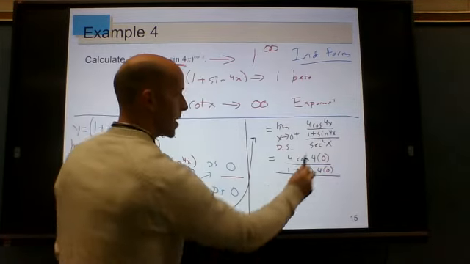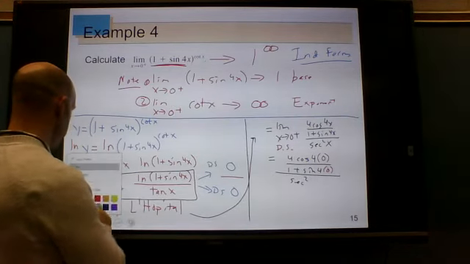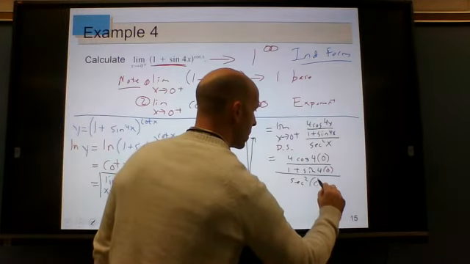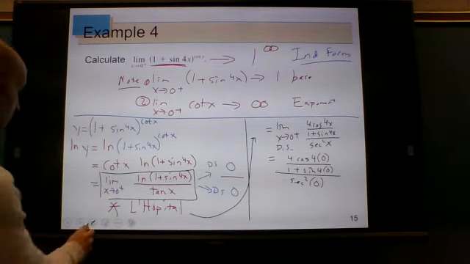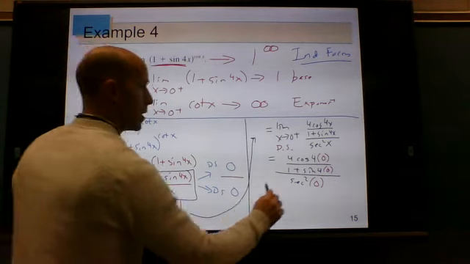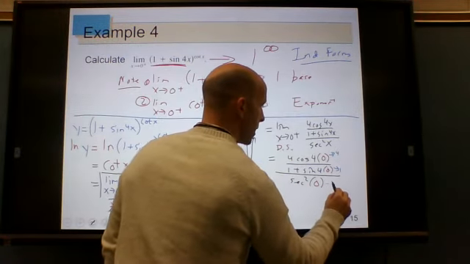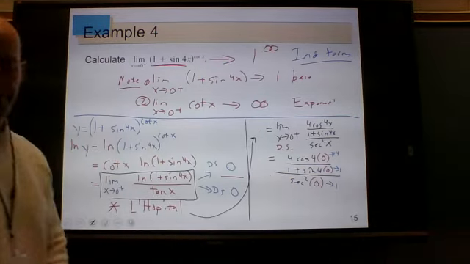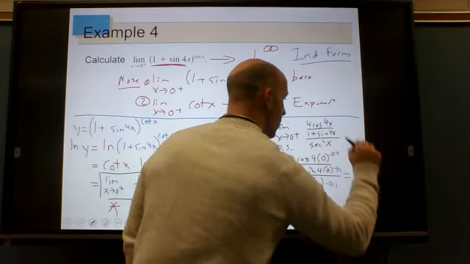And then in the denominator, we're going to have secant squared of 0. This is going to go to 4. This is going to go to 1. And this is going to go to 1. So our answer here is 4.